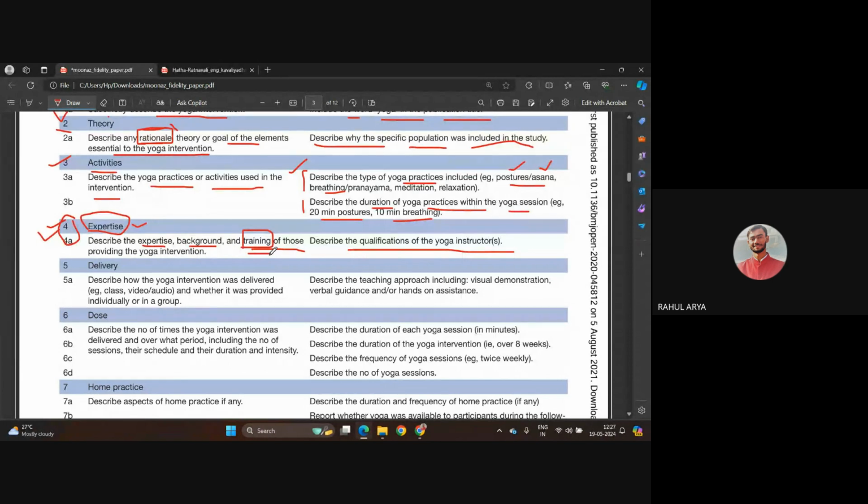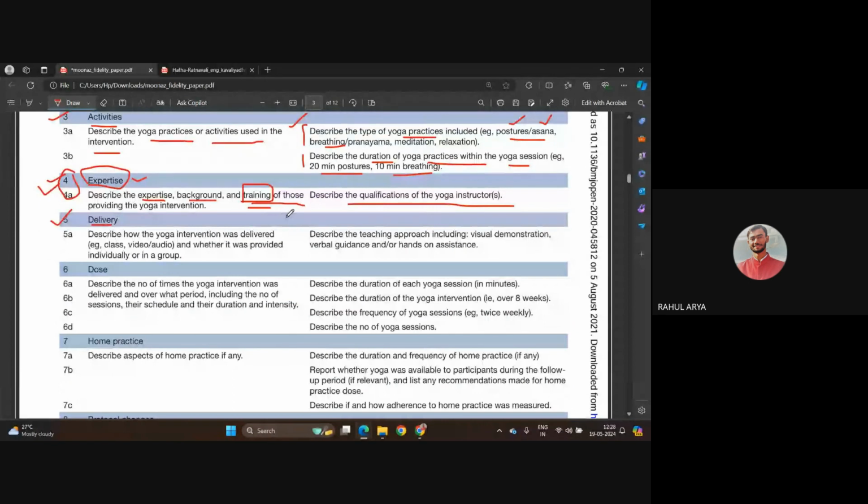Non-yoga background students do not know mantra chanting, they don't know the Shanti part, they don't know how to raise their hands, they don't know how long to hold, and their body will not allow them. That's why training is necessary in a yoga intervention. Are you getting it or not? Yes, sir.